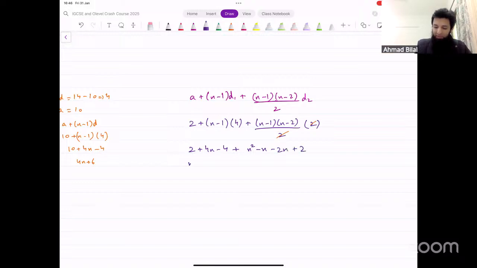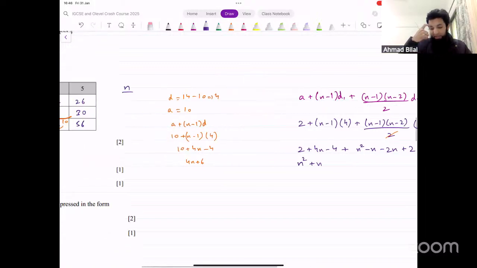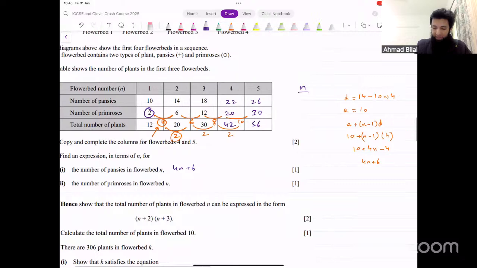Let's simplify everything now. n squared, and we have 4n minus n minus 2n. That becomes plus n. So it's n squared plus n. And then 2 minus 4 plus 2, they cancel, and we have 0 there.